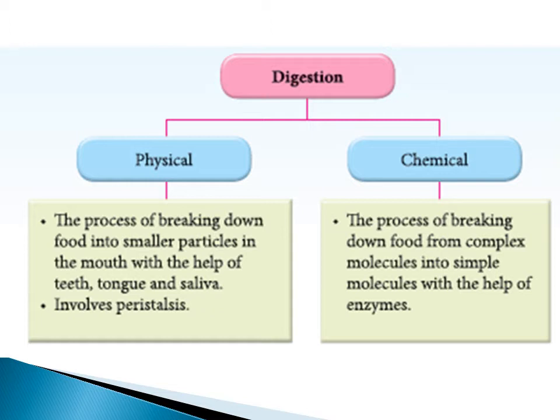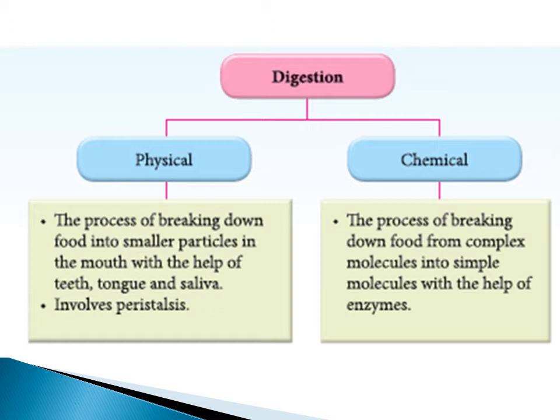Peristalsis is the motion of contraction, constriction and relaxation of muscles along the esophageal wall as well as the rectal wall. This allows food as well as waste materials to move along the tract.